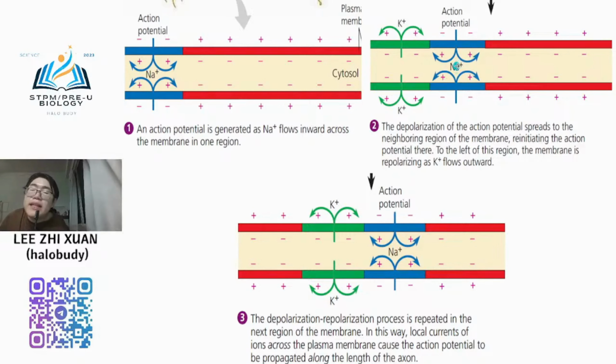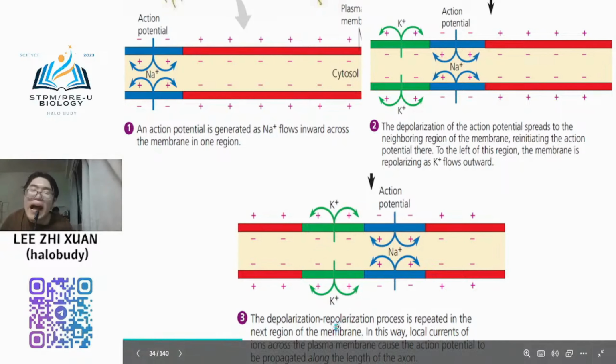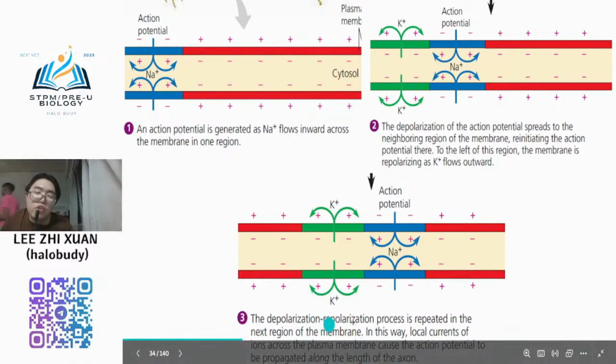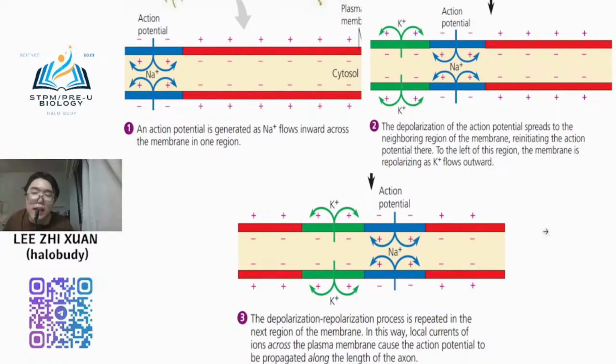The B region depolarizes, and it will also create the localized current to initiate the C region to trigger the action potential. And then once the B region goes to repolarization, it will trigger the action potential of the C region. So this depolarization and repolarization process is repeated again and again until it reaches the synaptic cleft.